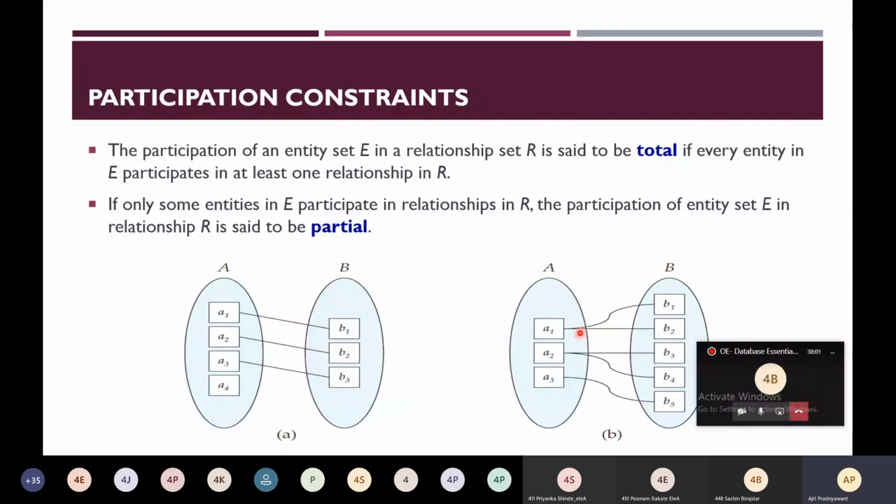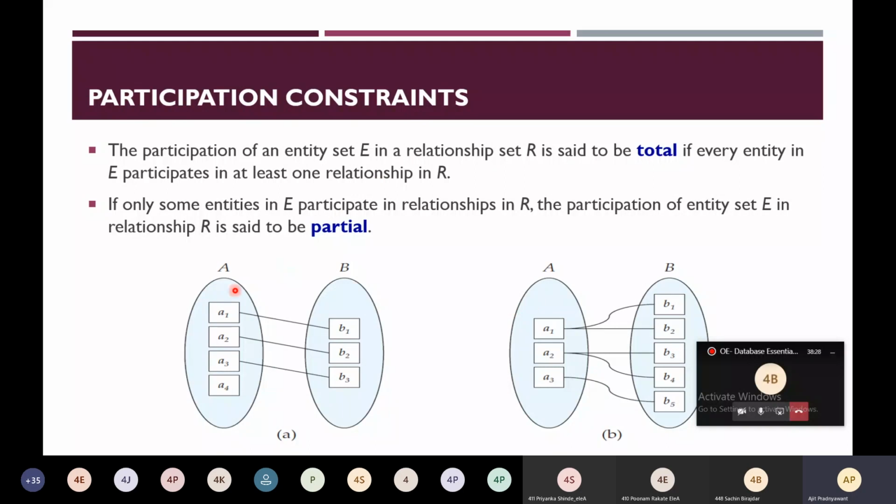All the entities participate in the relationship. A1 participates with B1, B2. Again, A2 participates. Again, A3 participates. Whereas B1 to B5 all participate in the relationship. So it is called total participation, and these are called participation constraints.